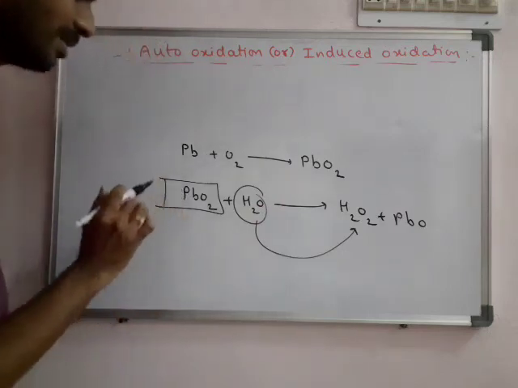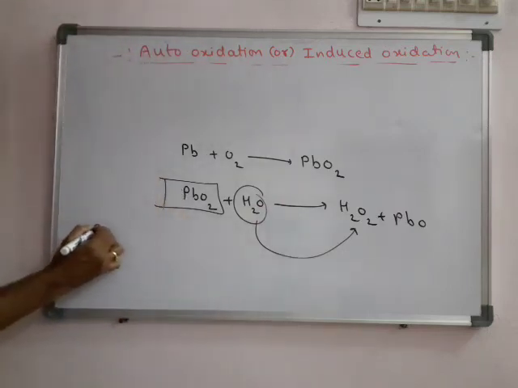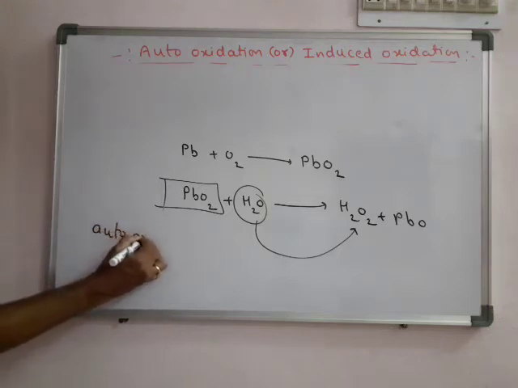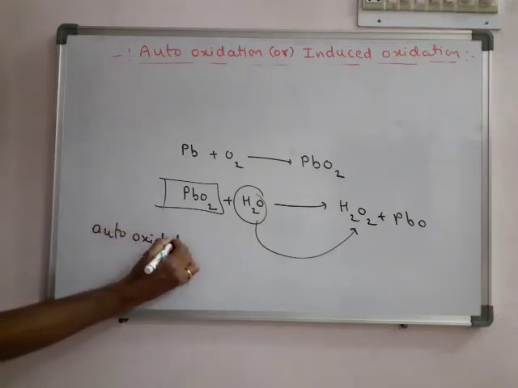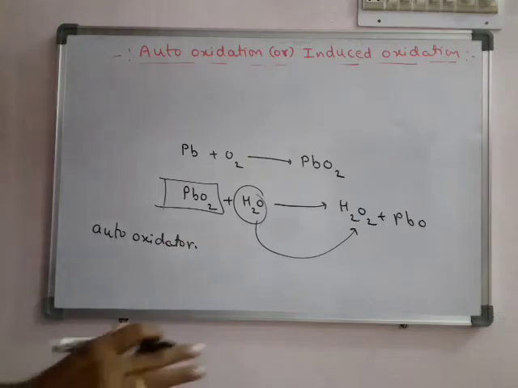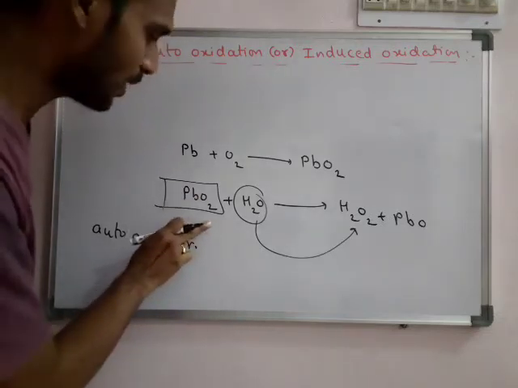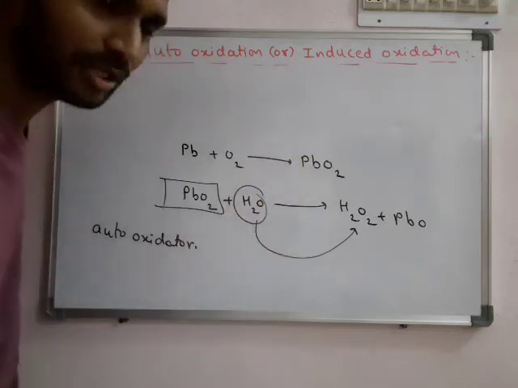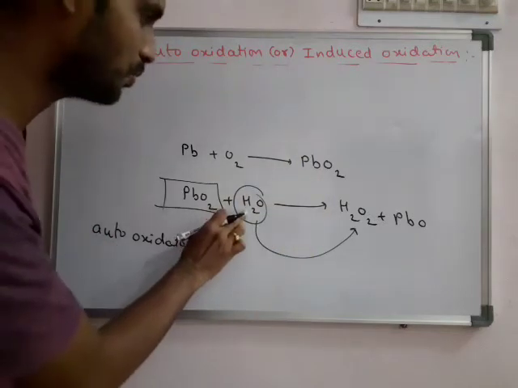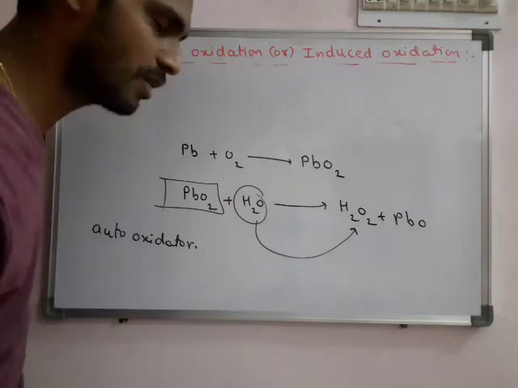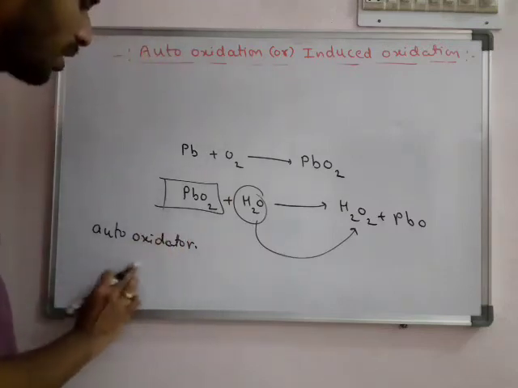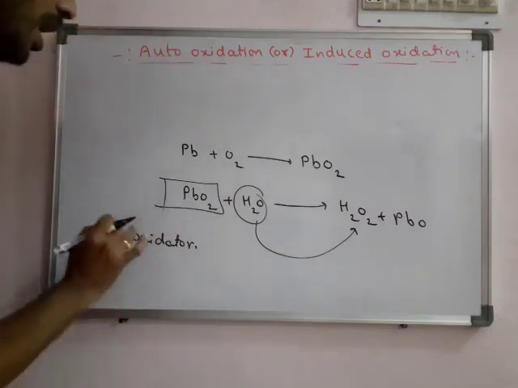That's why this lead dioxide here is known as auto-oxidator. ఏదైతే ఆక్సిడైజ్ చేయడానికి యూజ్ అయ్యే కాంపౌండ్ ఉంటుందో, ఆ కాంపౌండ్ ఇక్కడ ఫామ్ అయింది. ఆ కాంపౌండ్ H2O ఆక్సిడైజ్ అవ్వడానికి యూజ్ అయింది. That is called auto-oxidator.